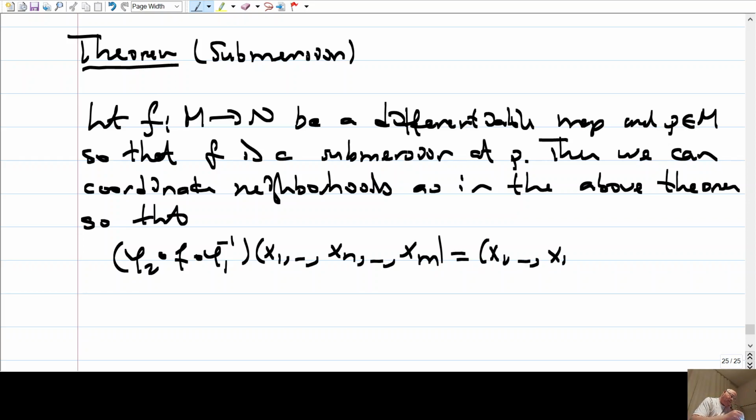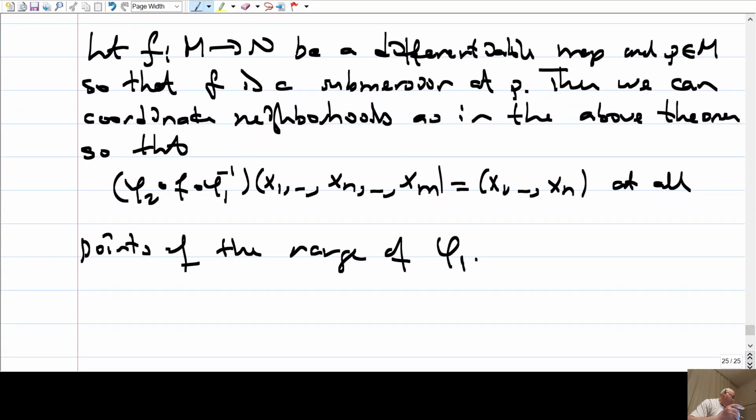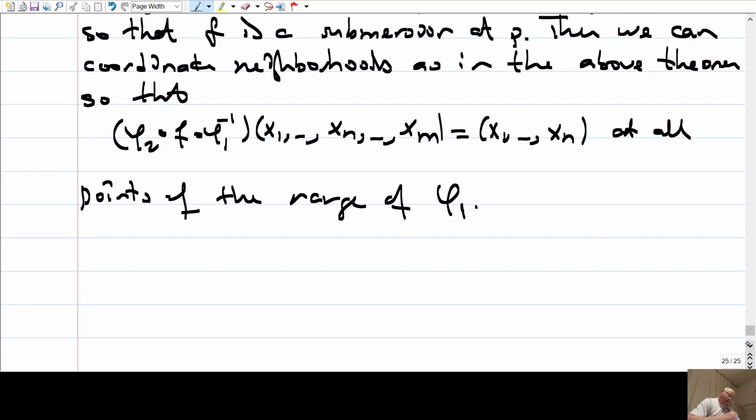You just take the first n coordinates, at all points of the range of phi1, the coordinate function for the first manifold.